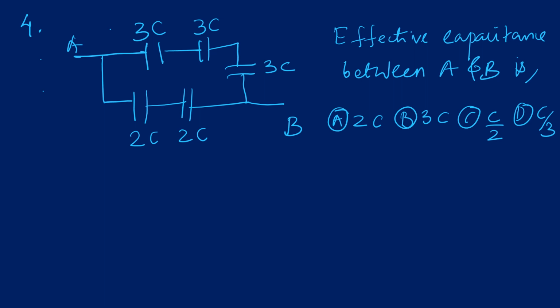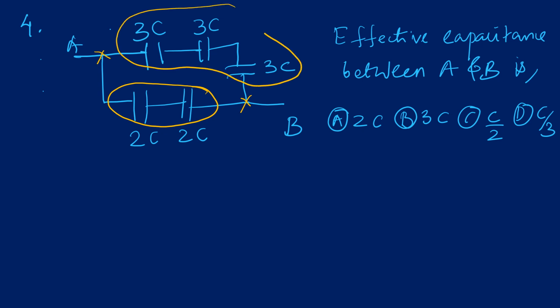Effective capacitance between A and B is. We have to find out the effective capacitance between A and B. Here 2C capacitors are in series, again 3C capacitors are in series. Effective capacitance in series connection is, for the first one, equation is C by N. Here C is 2C and N is 2.